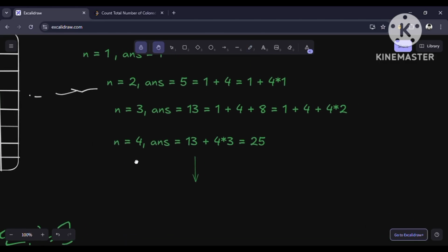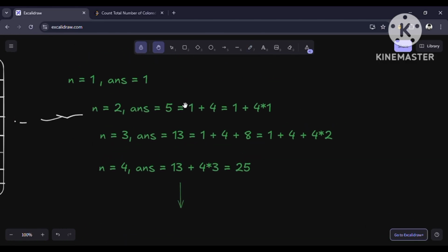Wait a little bit. This one was 1, and this one is 5. So 5 is 1 plus 4, 13 is 1 plus 4 plus 8, and for n equal to 4, this was 1 plus 4 plus 8 plus this one, 4 multiplied by 3.